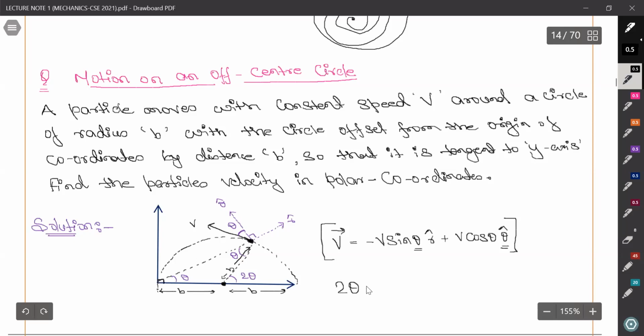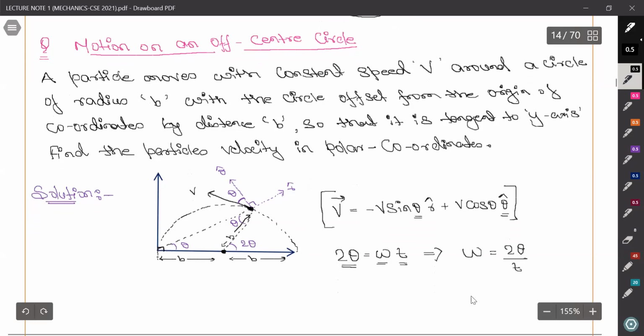2 theta is equal to omega t. Why is it equal to omega t? Because this is the angular displacement and this is the angular velocity. So in time t, we can write that 2 theta equals omega t. Also, omega is 2 theta by t here. So you can write it in any way.